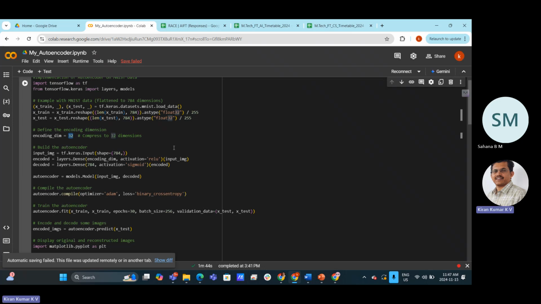How does the dense layer look? I have to draw 784 points, from 1 to 784 and 1 to 32. Each and every point is connected.